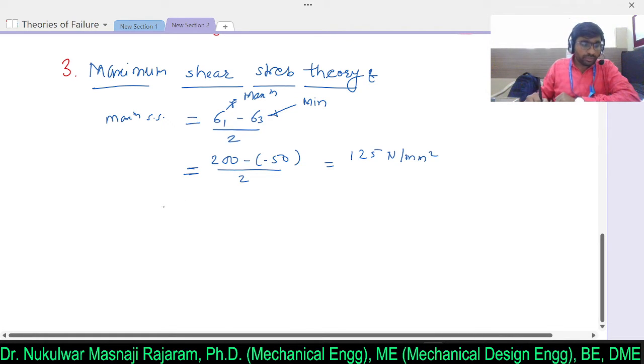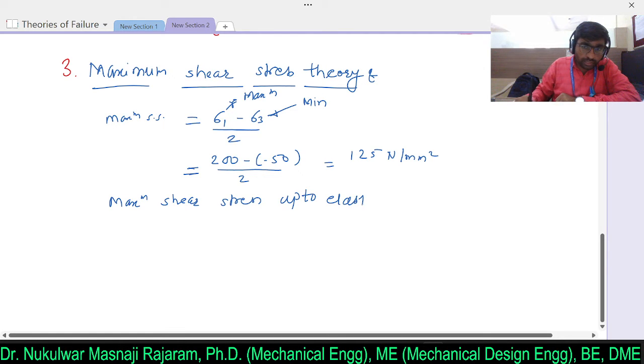Is that clear? Now we need to check up to the elastic limit. Clear? So here the maximum shear stress up to the elastic limit.